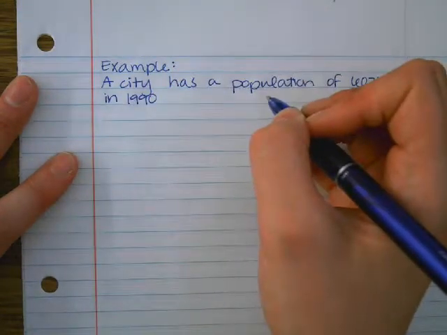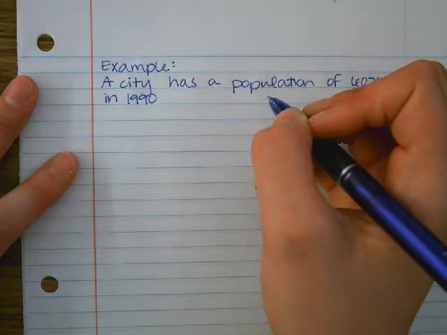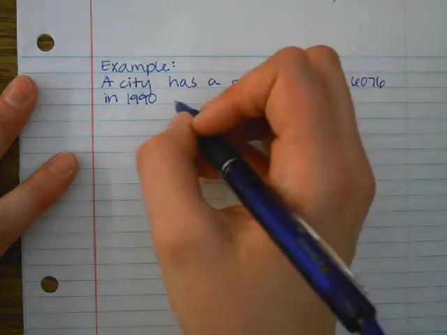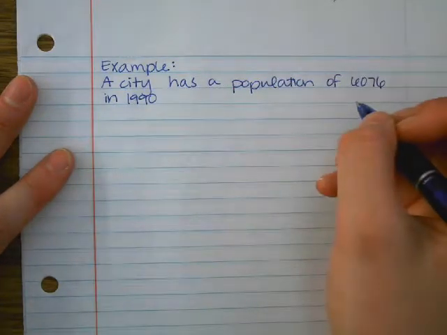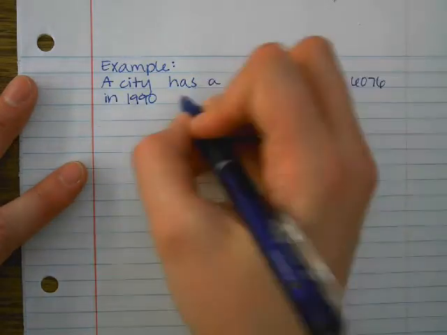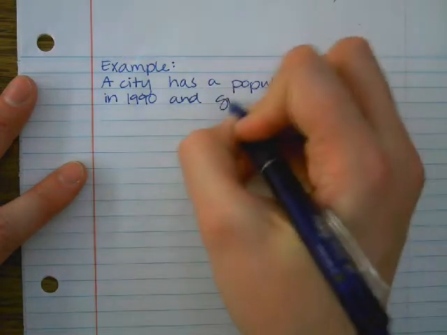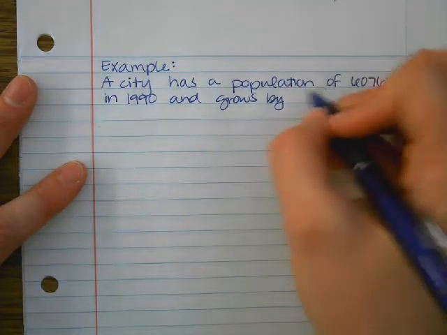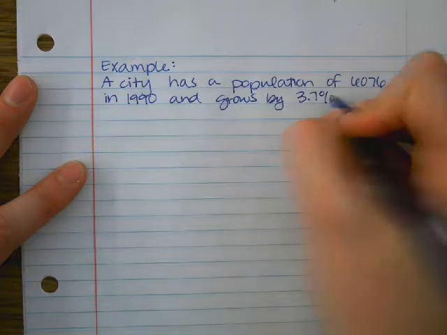Were any of you born in 1990? I was born in 2002. 1990 would be like teacher age. And it grows by 3.7% per year.